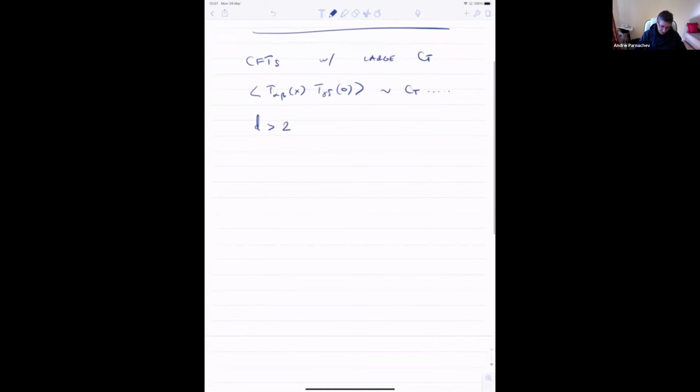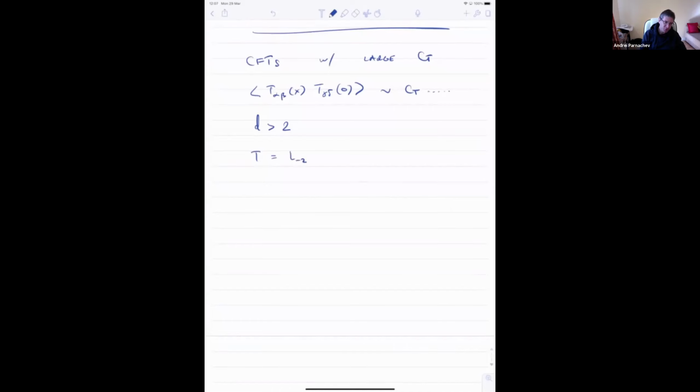In the d equals 2 case, the situation is nice because there is the Virasoro algebra, and in particular, one can ask a question: what is the contribution of Virasoro descendants to, let's say, 4-point functions? The Virasoro descendants, let me just remind you, the simplest one is the stress tensor itself.